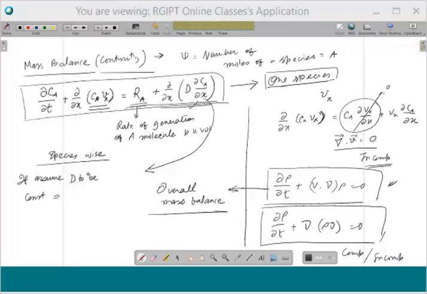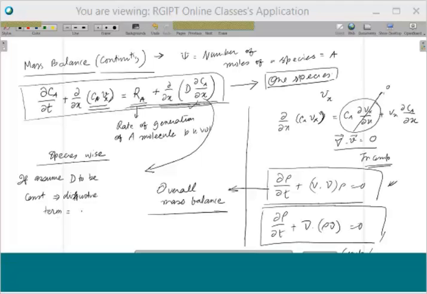That will give me this diffusive term, which would be equal to D del square Ca by del x square. Okay, so that's one of the very important equations in modeling a flow system. So that would be further reduced.